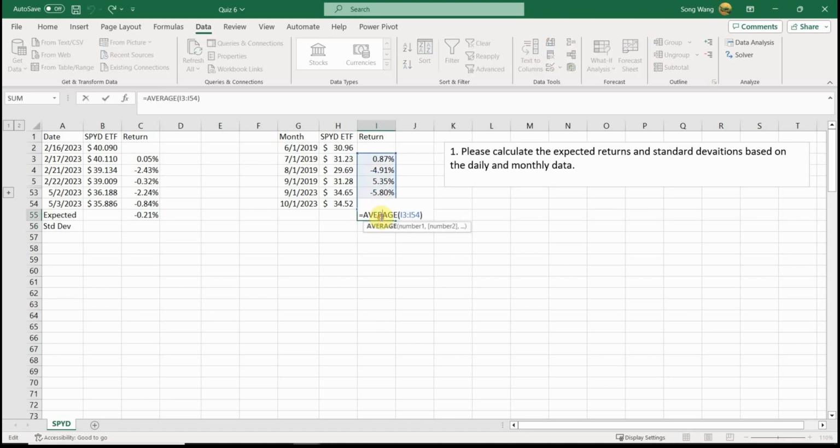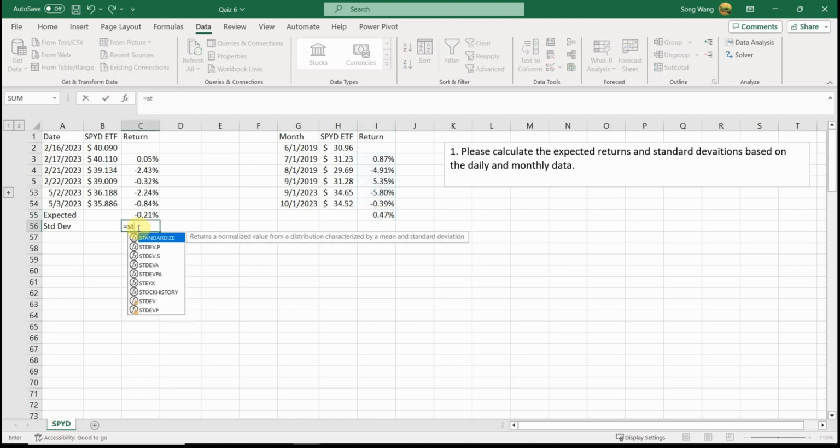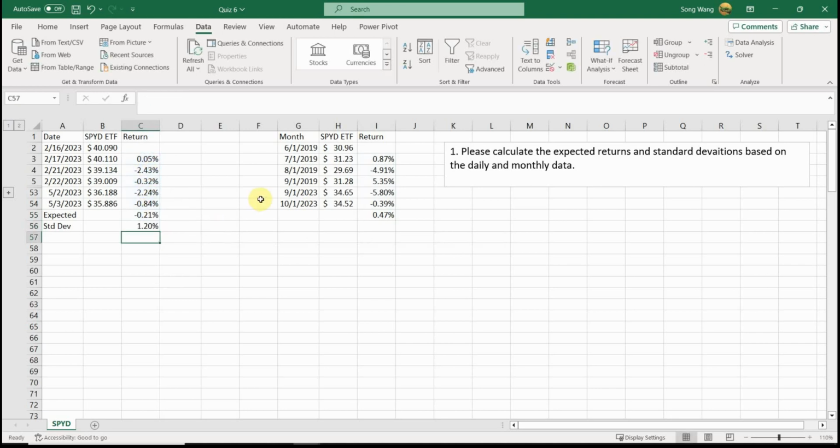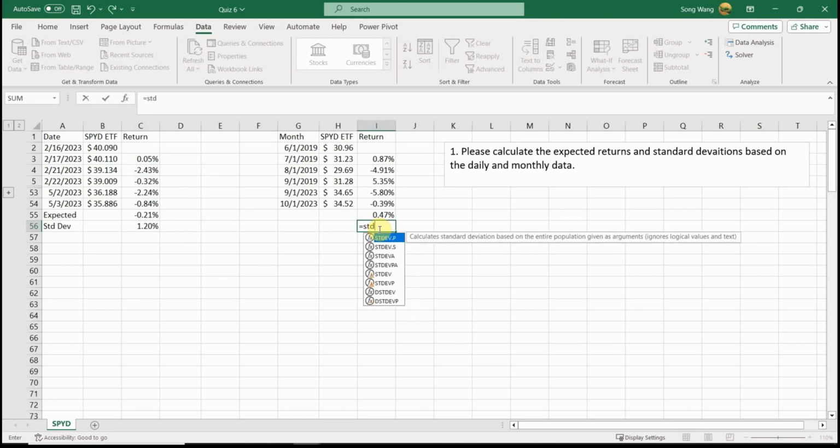Okay, from row 3 to row 54. For standard deviation, STDEV, nice and easy. Select the returns above. Select the returns above.